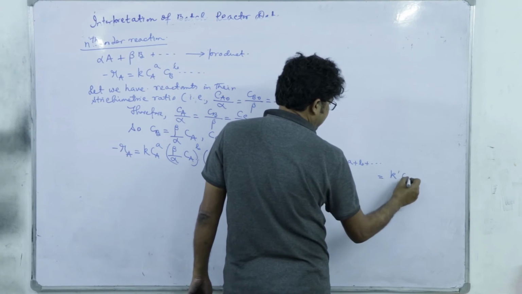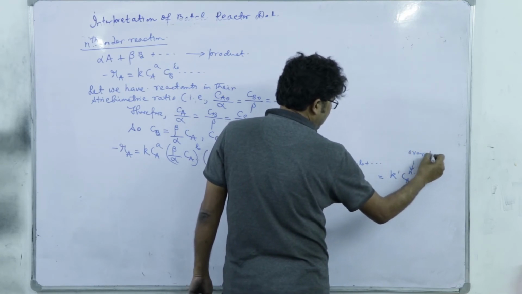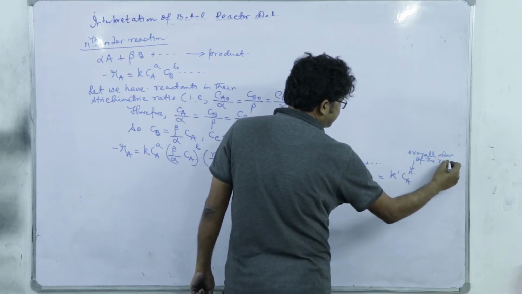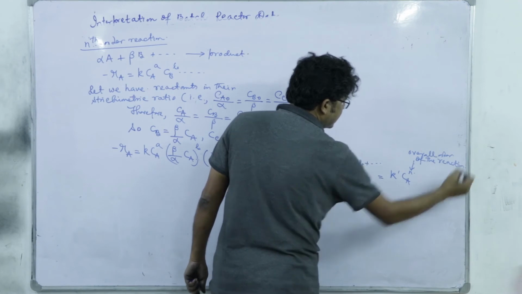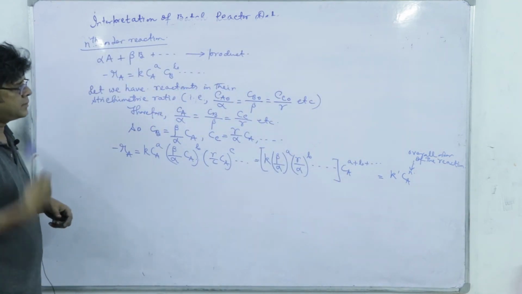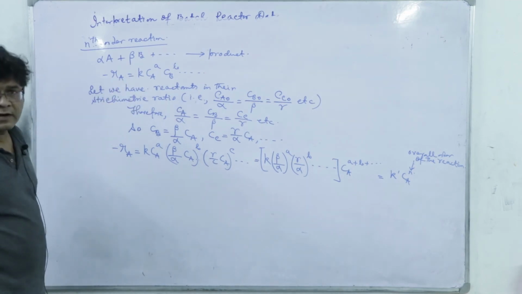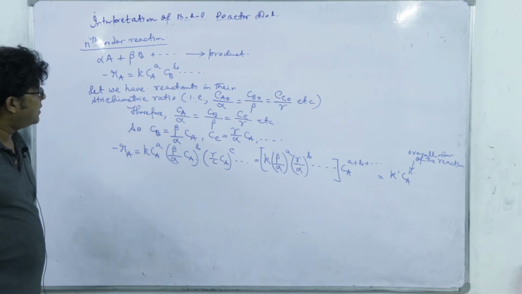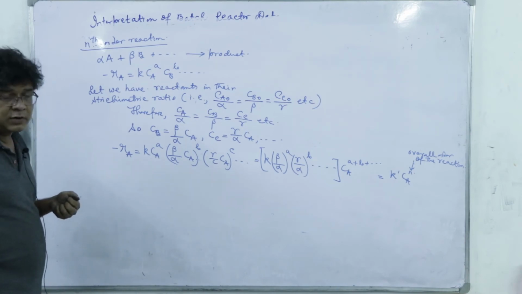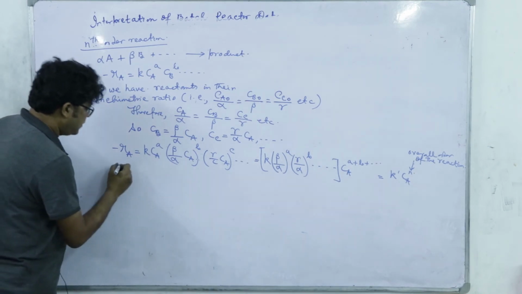So, it is k prime into Ca to the power n, where n is the overall order of the reaction. So, you see that if we have started with the stoichiometric proportion of the reactants, we can reduce this into the nth order reaction.